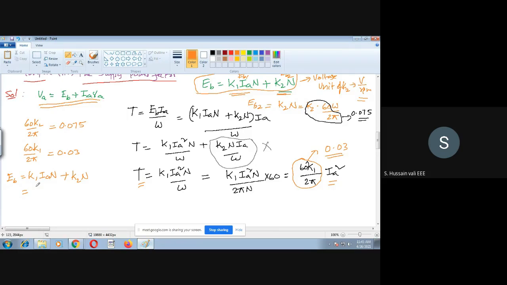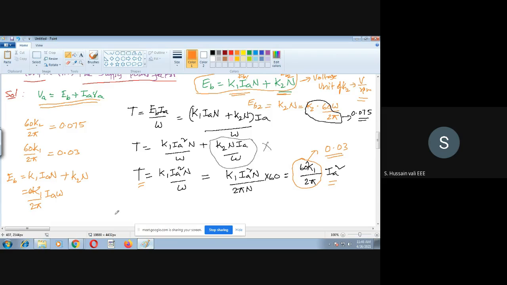So I will write here K1, so 60 will come this side: 60 by 2 pi into Ia into omega.